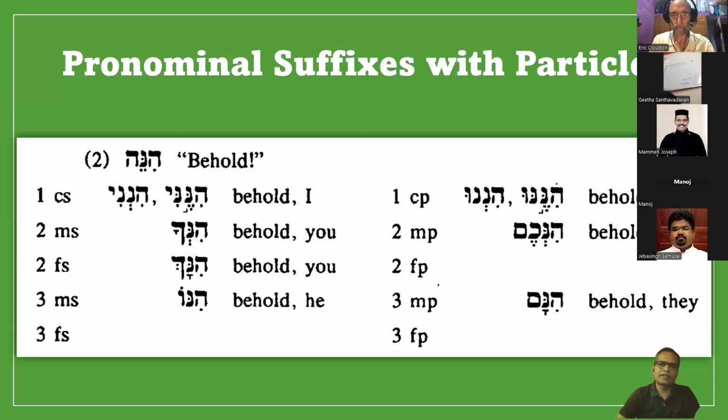Hinneka, behold you. The he is missing. Hinnak, behold you, again he is missing. Hinno, behold he. Third feminine singular is not there. Why? Because the text has not applied that. That shows that the text is basically from a patriarchal context.